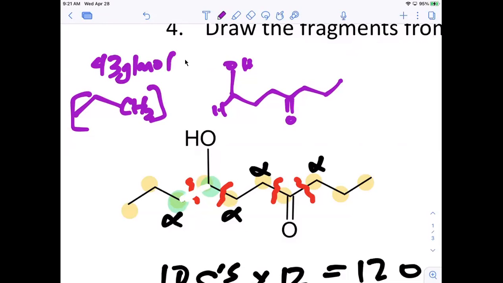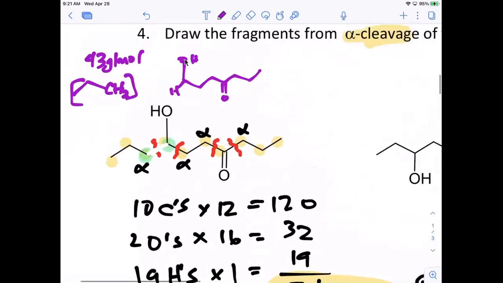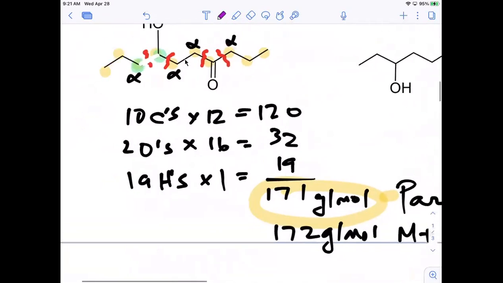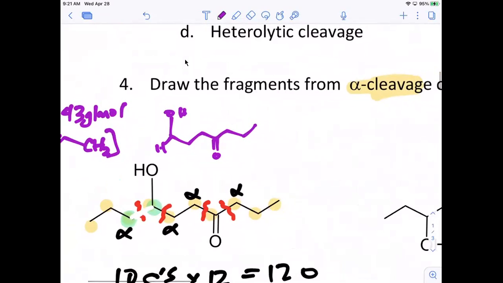Then all we have to do is subtract that from the parent, and we'll know how much the other fragment weighs: 171 minus 43, so 128. So 128 grams per mole for that piece. Are y'all following that?